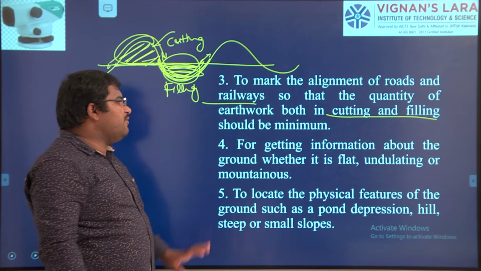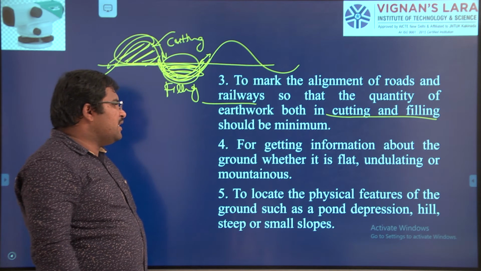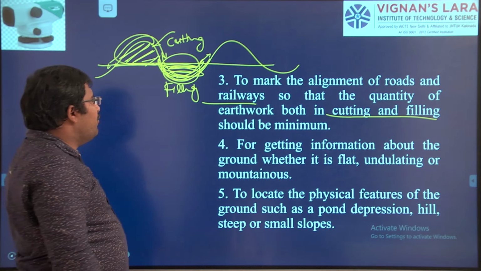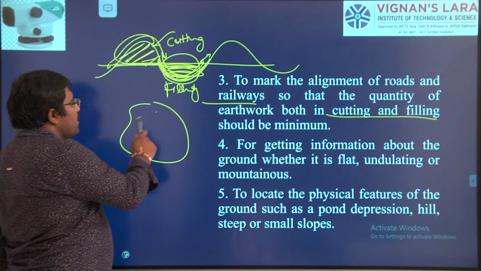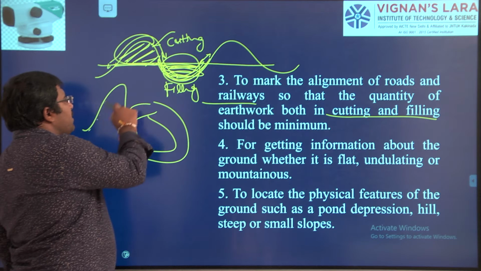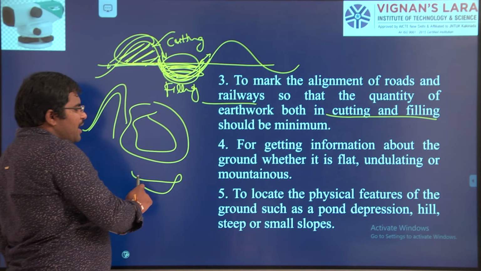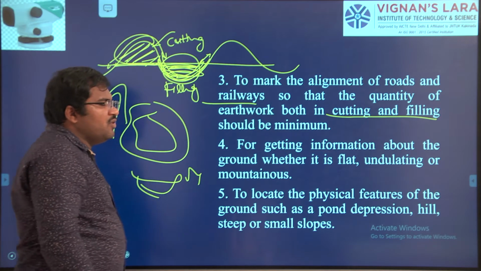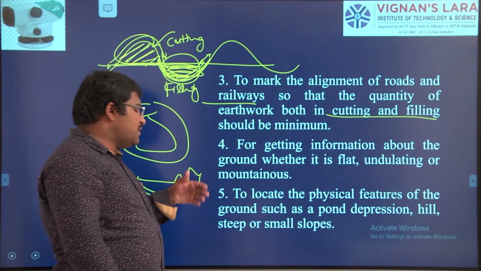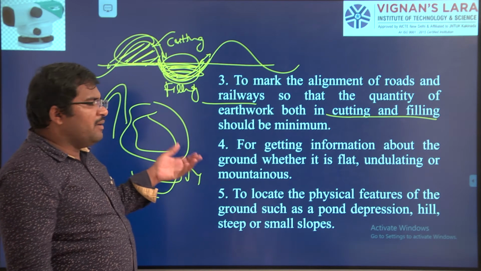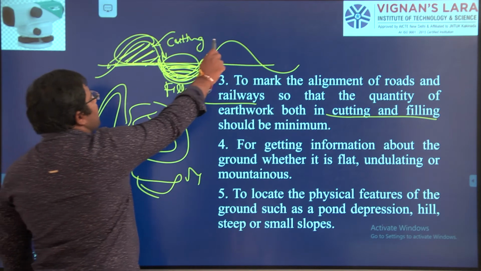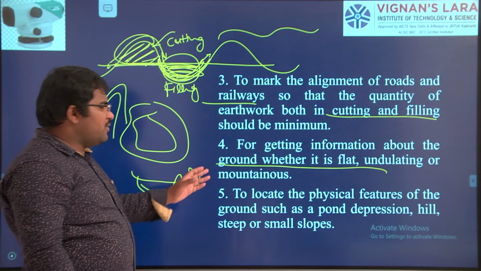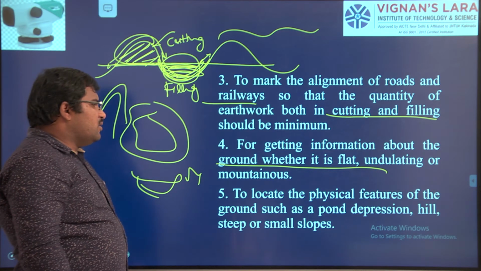Then, for getting information about the ground, whether it is flat, undulating or mountainous, we want to know whether the particular place has a plain surface or has hills, valleys or mountains, whatever the ground feature may be.